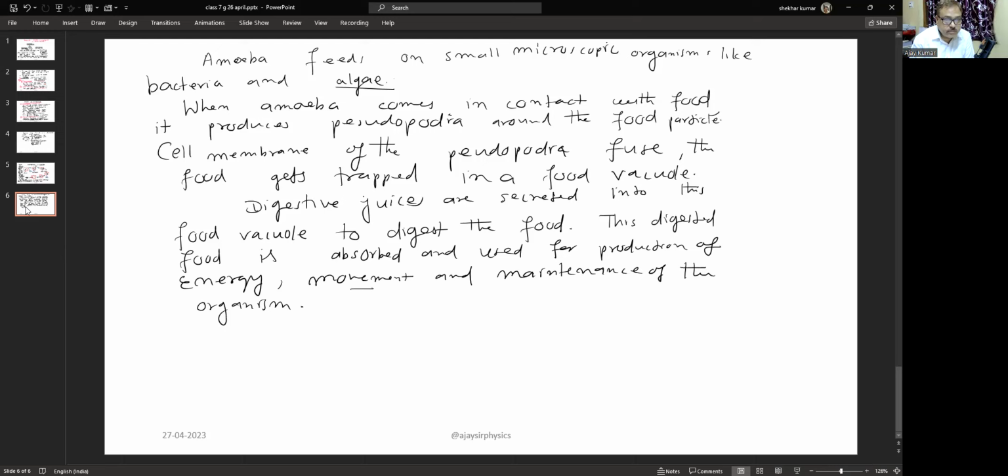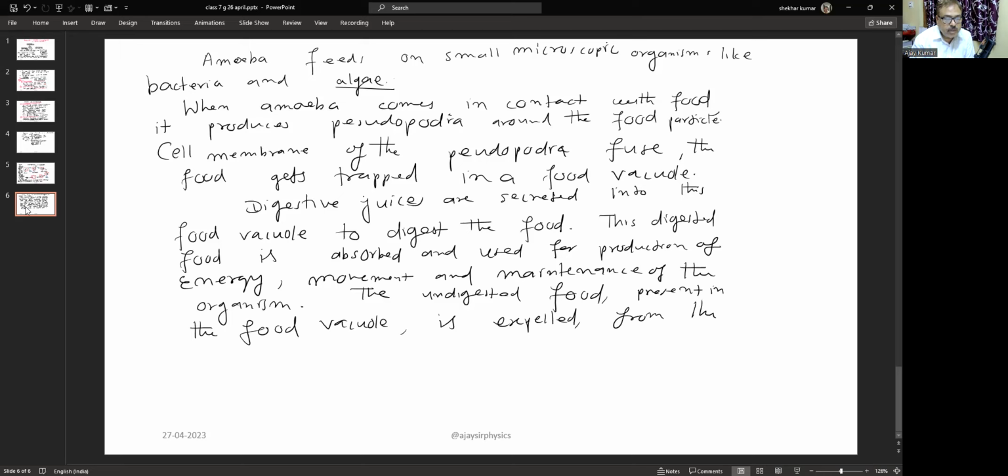The undigested food present in the food vacuoles is expelled from the amoeba by the process of egestion.